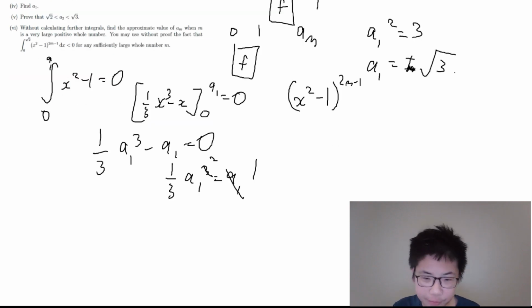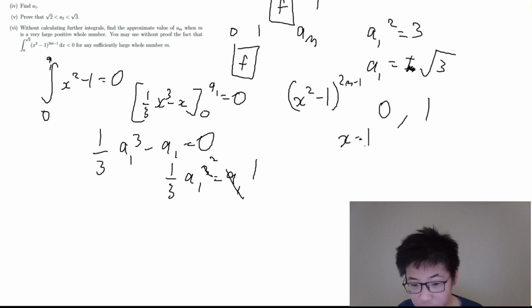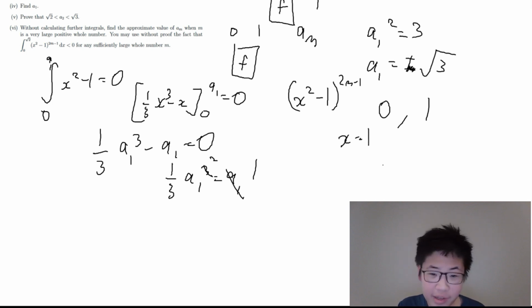Now, what doesn't change? Well, obviously, the only two numbers which do not change, i.e. are idempotent in the reals, are 0 and 1. And when x squared minus 1 is 0, x equals 1, only considering positive values. And when x squared minus 1 is 1, x equals the square root of 2.